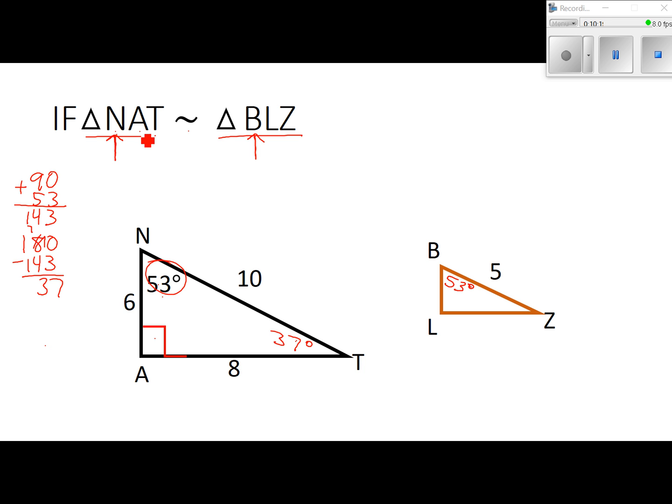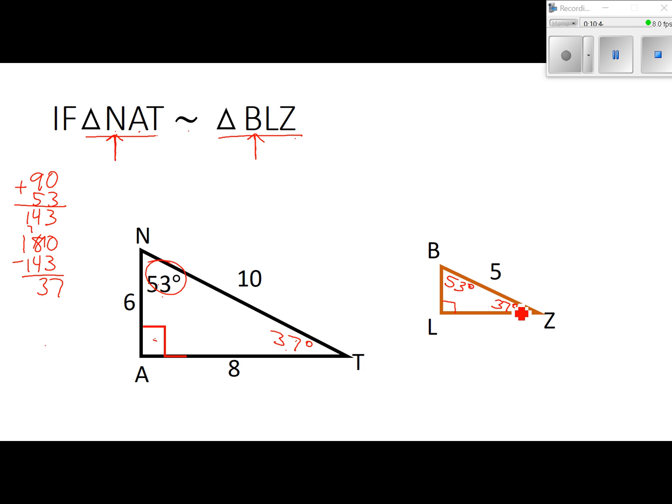Angle A, the next one, is a right angle, 90 degrees. So angle L over here has to be 90 degrees. Angle T we just found was 37. It matches up to angle Z, so angle Z has to be 37 degrees. So we know all those angles just from that because the corresponding angles have to be congruent.